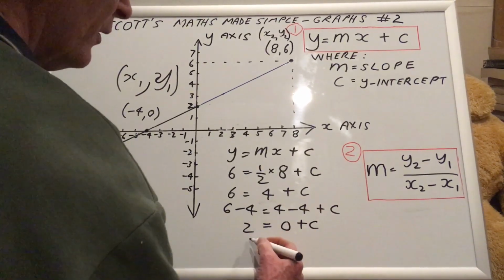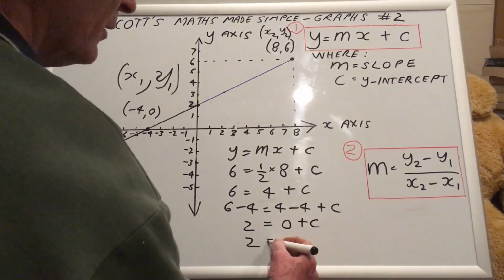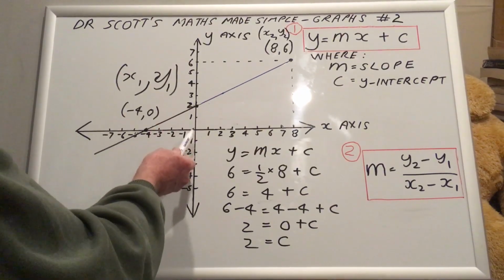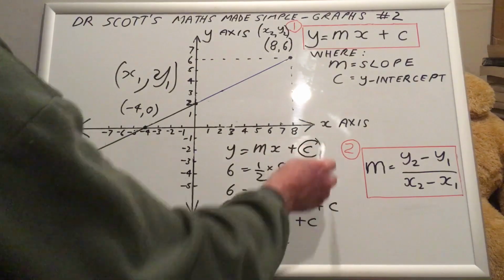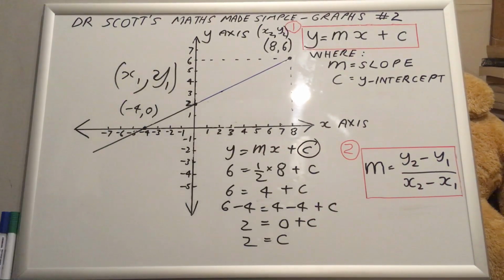Anything plus 0 is itself, so 2 equals c. And you can see that is the y-intercept. It crosses at 0, 2. So we've now worked out c, because we worked out m first with this formula.